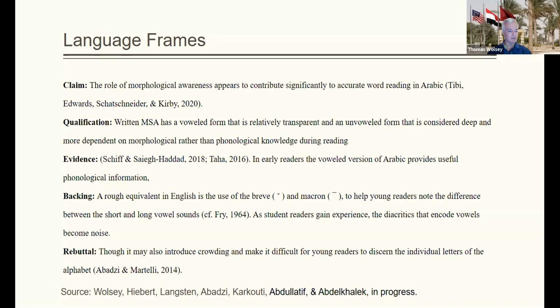There's a rebuttal from a researcher who's actually cited, that though it may introduce crowding and make it difficult for young readers to discern the individual letters of the alphabet, the actual qualification stands. Okay, so this is how we use these sorts of language frames to situate the studies themselves, rather than just summarizing them one after another.